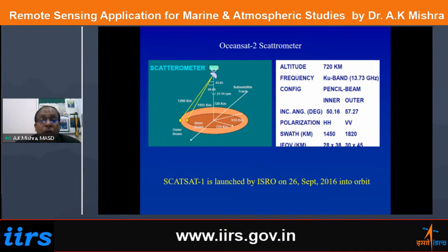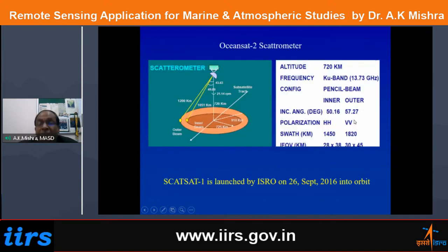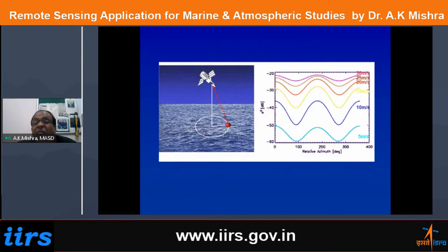SCATSAT-1 was launched by ISRO in 2016, which is presently in orbit and giving you the backscatter information. This graph shows you the backscatter data for different wind speed conditions, and for different polarizations it will be different.